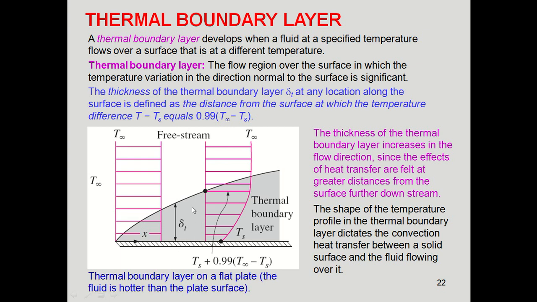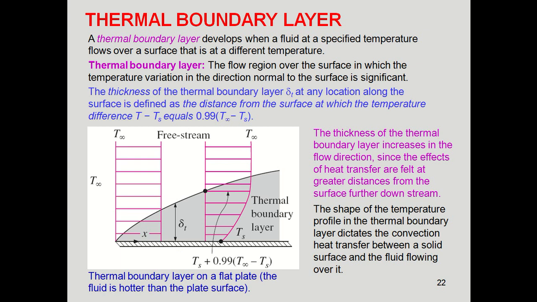Then if you plot the distance delta T, it is where we get the temperature of the fluid equal to the surface temperature plus 99% of the temperature difference between the mainstream temperature and the surface temperature.